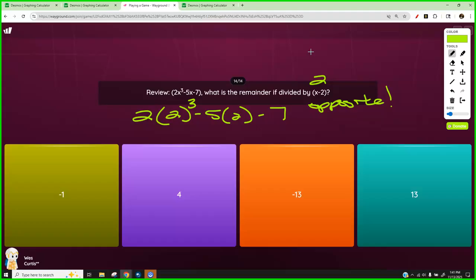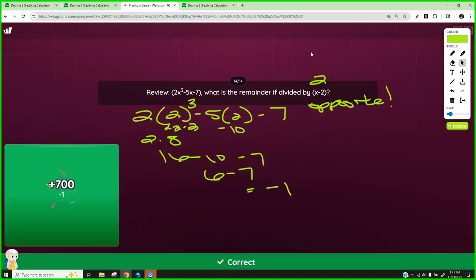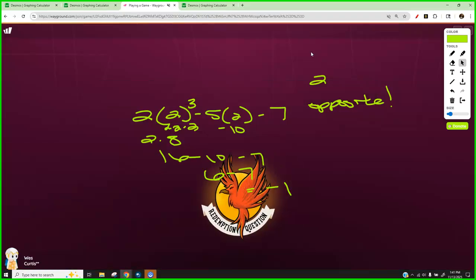You're probably best off typing this in if you're not too good with being consistent with your numbers. But 2 to the third power is 2 times 2 times 2, which is 8. Times 2 is 16. There's a minus 10 right here and a minus 7. 16 minus 10 is 6, and 6 minus 7 is negative 1. Sounds like a good remainder, though none of the other ones necessarily sound like bad remainders.